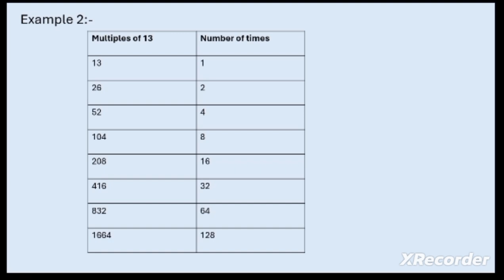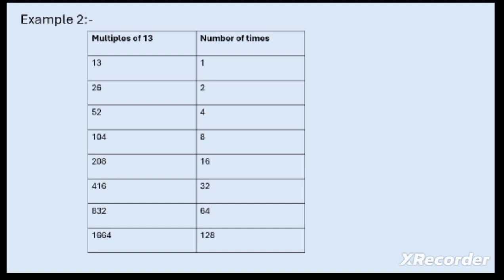As we know, in the second row and first column you can see 13, and in the second column and second row we have 1. So 13 multiplied by 1 is 13. We know very well. So now just keep on taking the double. The double of 13 is 26 and the double of 1 is 2. So 13 2s are 26.